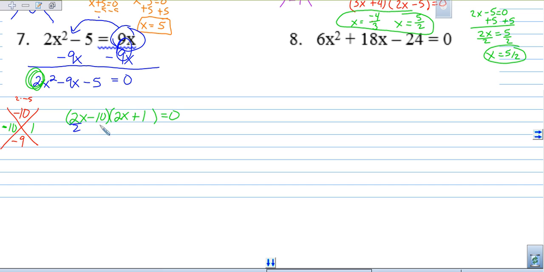Well, that's a 2, so you divide them both by 2, and you get x minus 5, and 2x plus 1 equals 0. And the answer is going to be x equals positive 5, and x equals negative 1, because it's the opposite of this, over 2. Okay?